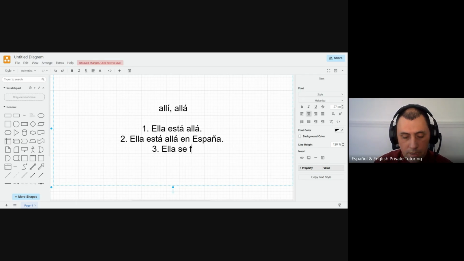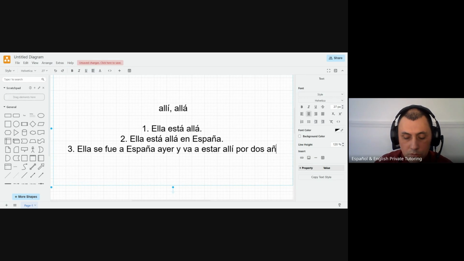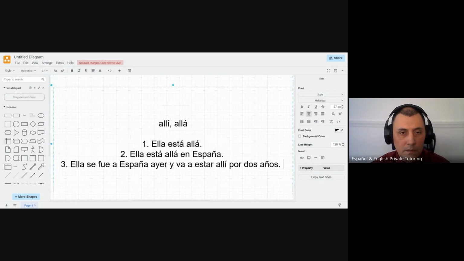Ella se fue a España ayer y va a estar allí por 2 años.